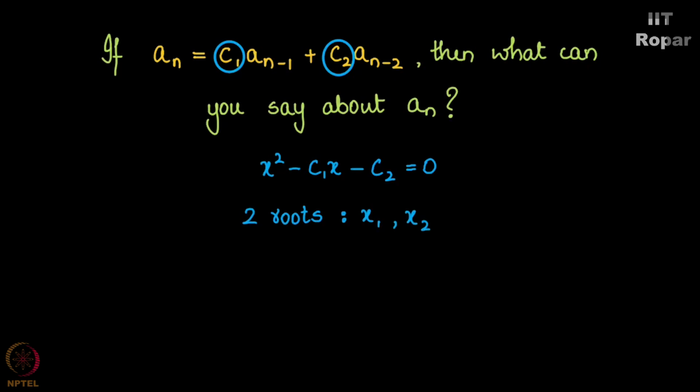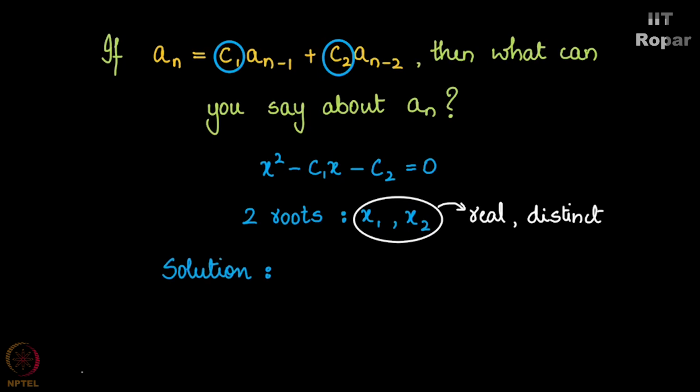And assuming that these two roots are real and are distinct, things are getting very complicated, but don't worry, you will understand once we write an example and then see it. The story so far is, if a_n is c1 a_{n-1} plus c2 a_{n-2}, simply pluck out that c1 and c2 and create this quadratic equation x squared minus c1 x minus c2 equals 0 and find the roots of this quadratic equation and call these roots x1 and x2.